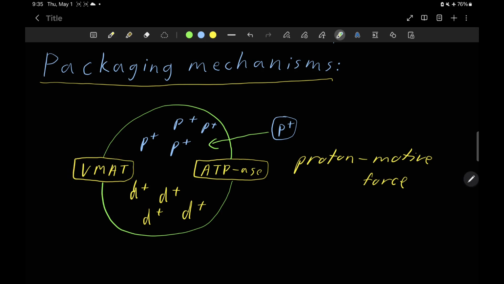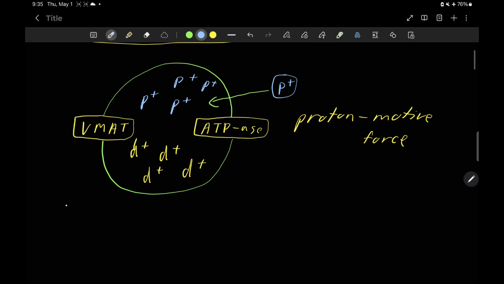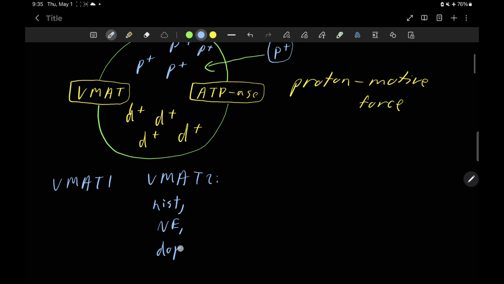Another quick thing to note is that your antiport enzyme over here, as you can see, I've written VMAT. VMAT is one type of antiport enzyme, but there's actually all sorts of different types. So you can have VMAT1, you can have VMAT2. This is the one that helps to package messenger molecules like histamine, norepinephrine, or dopamine.